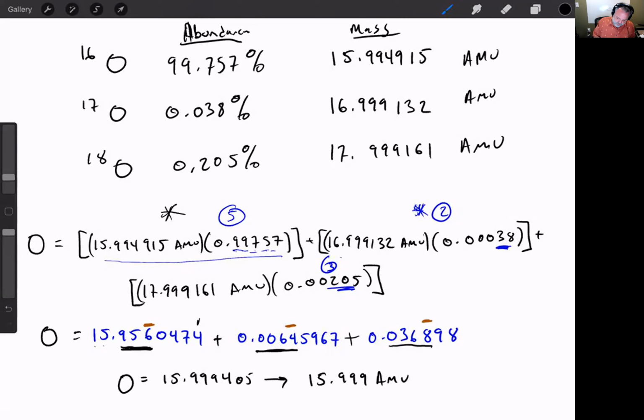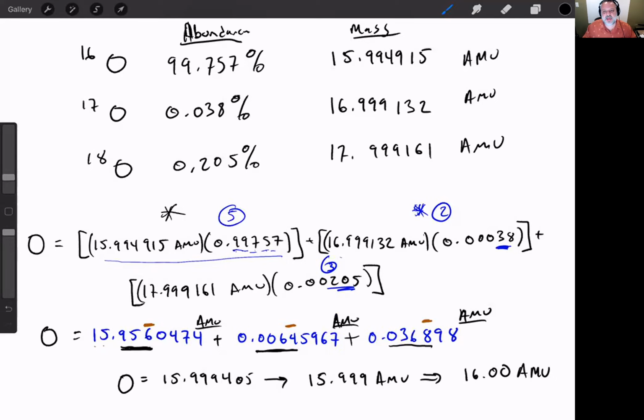These are all in AMU. I forgot my units. Now if I were to round that to 2 decimal places, just so we can compare it to the periodic table, I get 16.00 AMU.